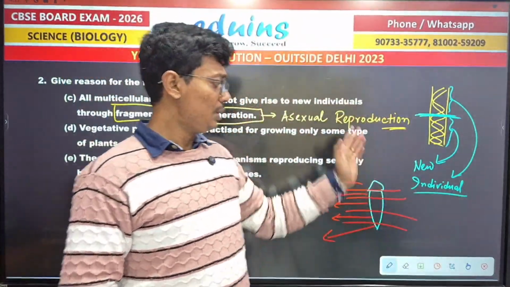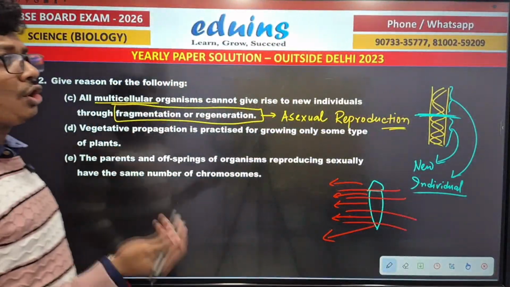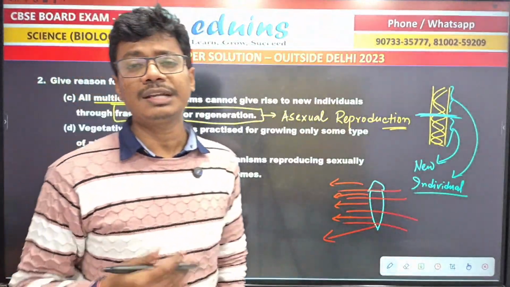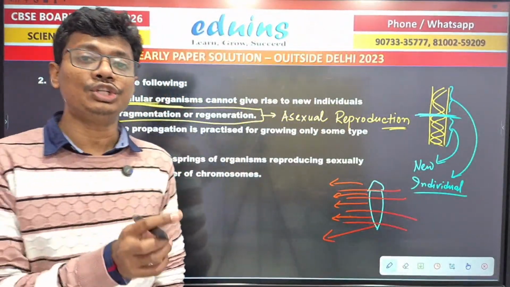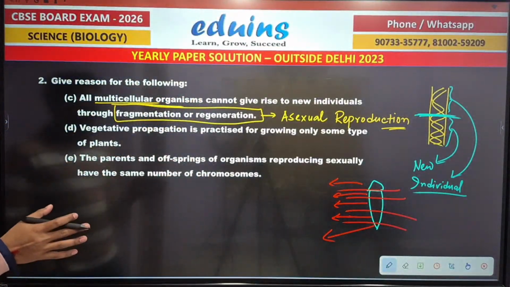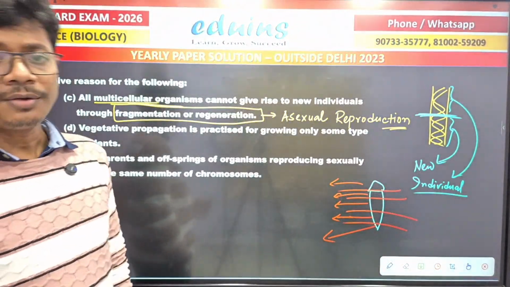Not all multicellular organisms contain this specialized tissue, so they cannot give rise to a new individual through fragmentation or regeneration.